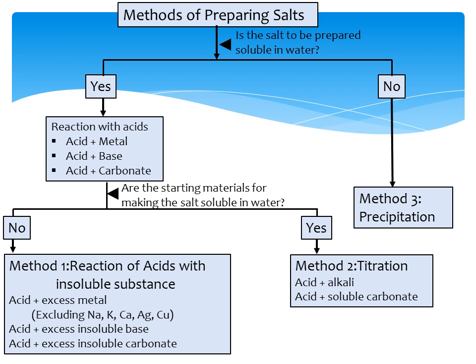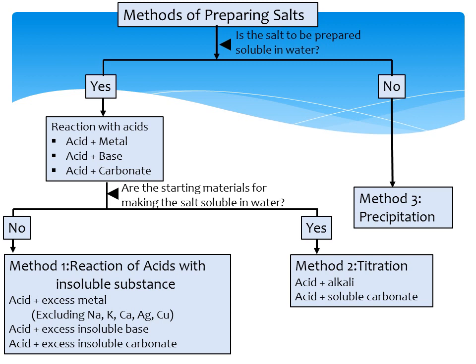And the third option is acid plus insoluble carbonates, those carbonates which are exceptions other than sodium, potassium and ammonium. You can consider the carbonates of, for example, calcium carbonate. It falls in this category, acid plus excess insoluble carbonate. When you have this situation, then simply you go for method number 1.